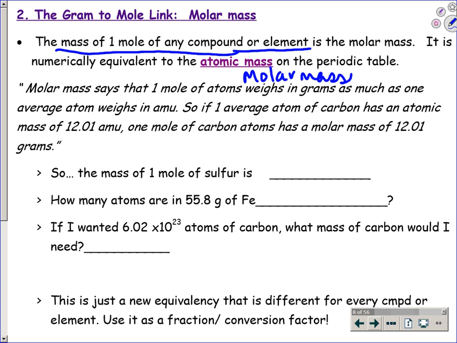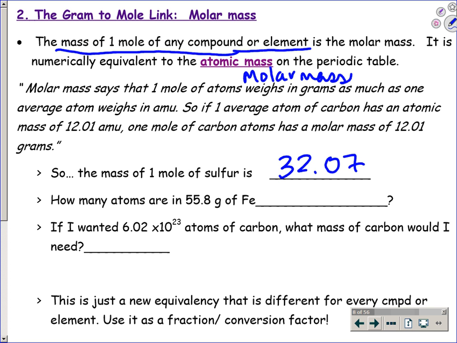The mass of 1 mole of sulfur is, drum roll, you're looking at a periodic table and you see what? All right, everybody sees what on sulfur? 32.07, right?